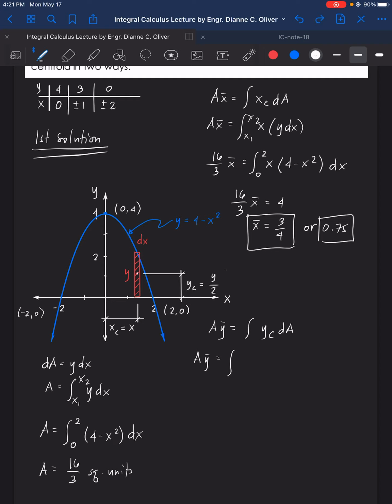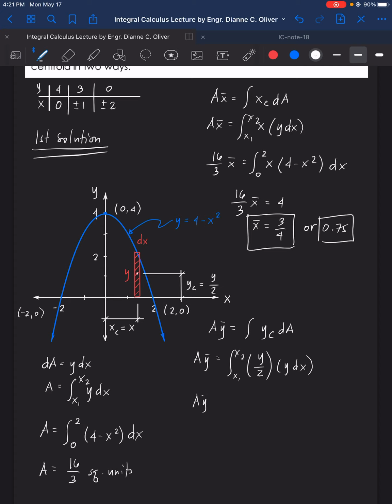So yc is half of the length of the area strip, that is equal to y over 2. Then dA here is y dx, from x1 to x2.